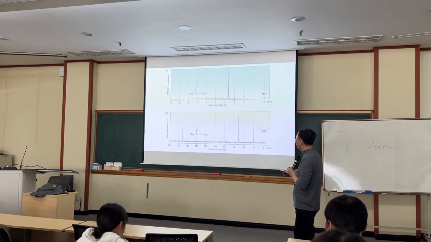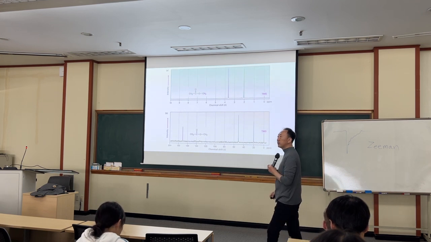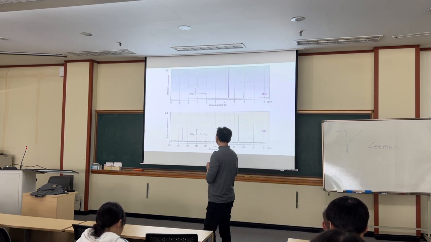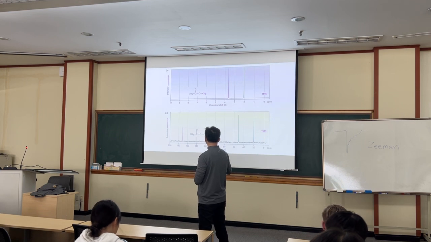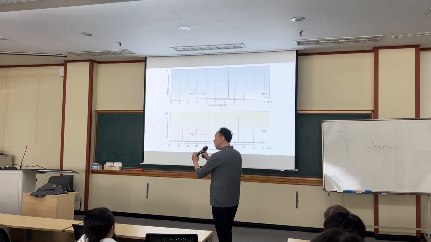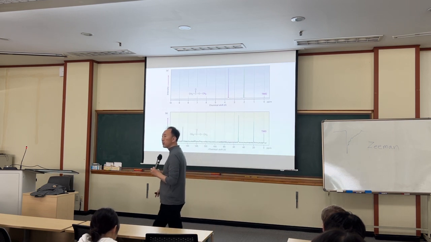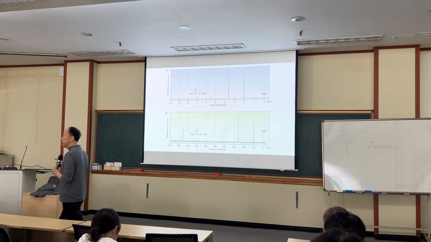We call this downfield, and this upfield. Shielded, de-shielded. So this one shows up a little more downfield here. This one is more shielded, so it shows up here, a little upfield. So we can see these are two different environments of the two protons. That's one piece of information, chemical shift.